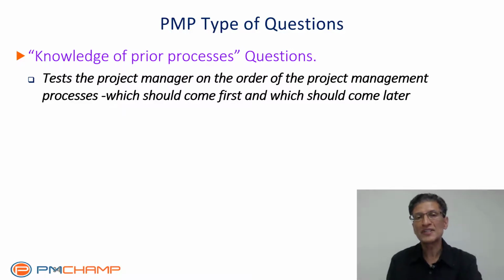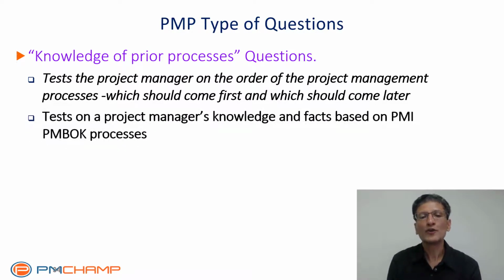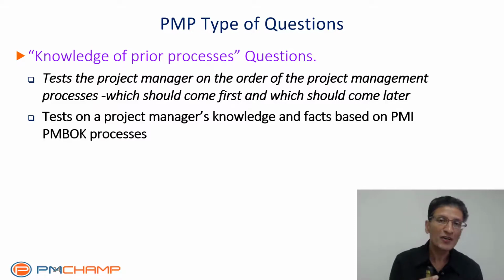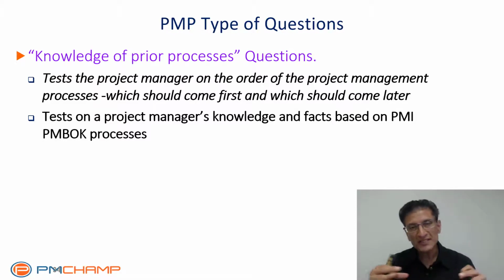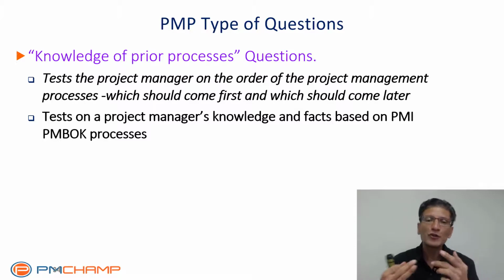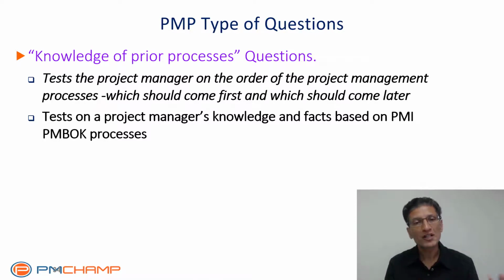If you establish exactly the order in your mind, you will be able to answer such questions pretty easily. They are simply testing you on your knowledge and facts based on the PMI's PMBOK guide, the processes as defined there. Remember, there are 49 processes, so you must get the complete sequence for you to be able to understand what comes first and what comes next.